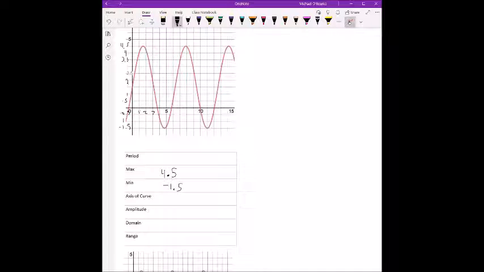Okay. So let's take a look here. Axis of the curve is max plus min. So 4.5 plus negative 1.5 divided by 2. If I add those two together, I'm going to get 3 divided by 2, which is 1.5. Okay, which means if I were to draw pink, where's my pink?